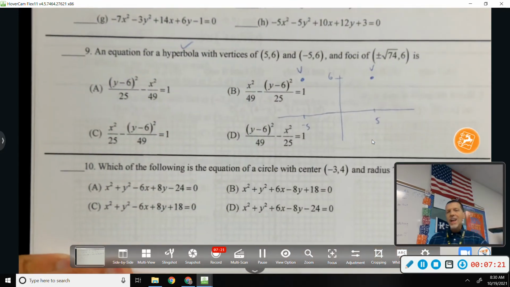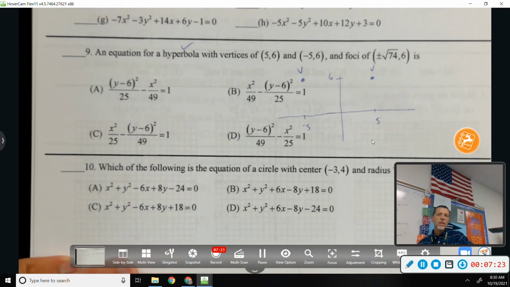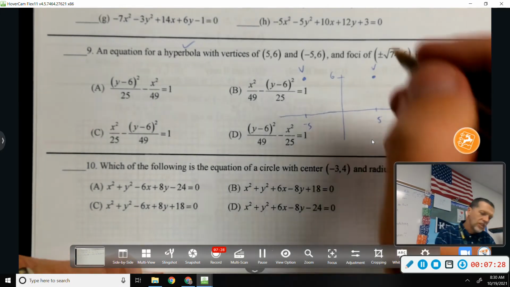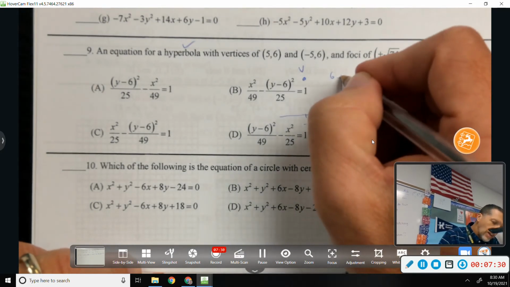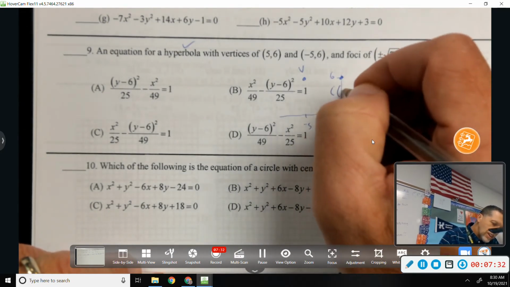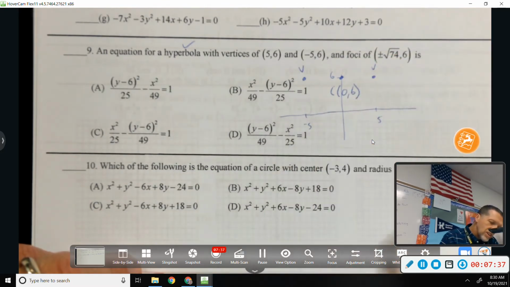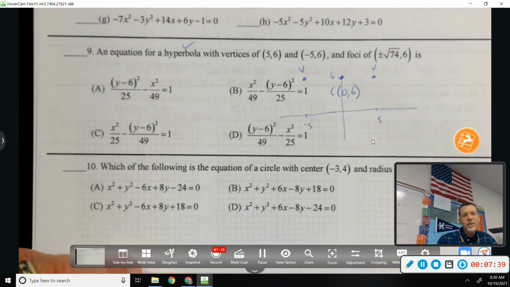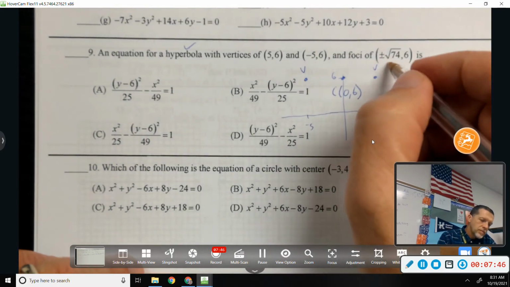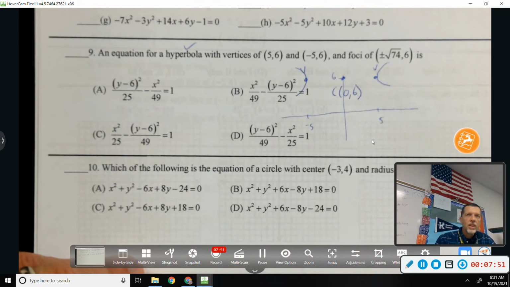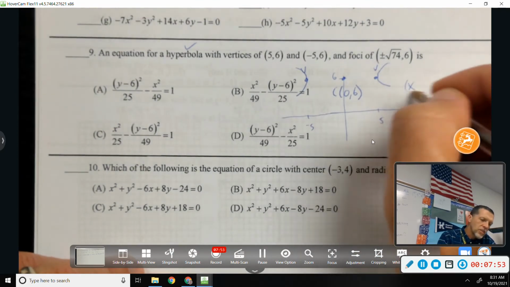I think I learned a lot by drawing a little sketch. What's one thing I learned when I draw those 2 vertices? The center is at 0, 6. What else do I learn when I draw those vertices? What's this thing's orientation? Left and right. So who comes first in the equation? The x. So I know x comes first.